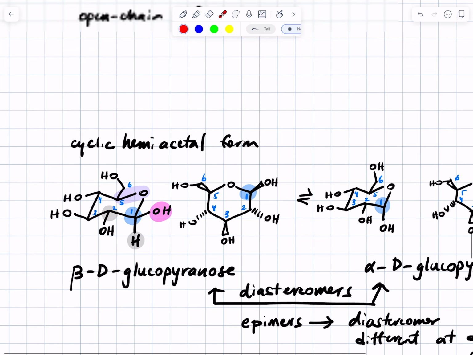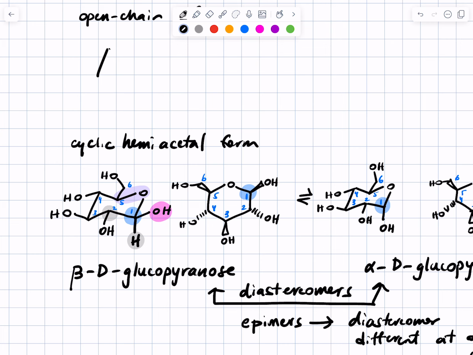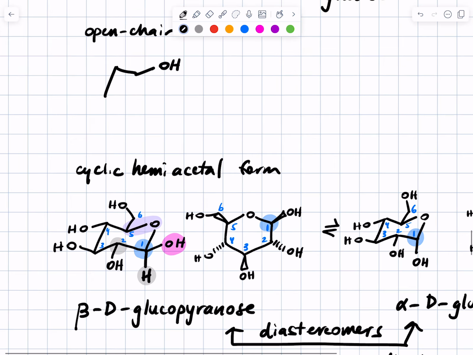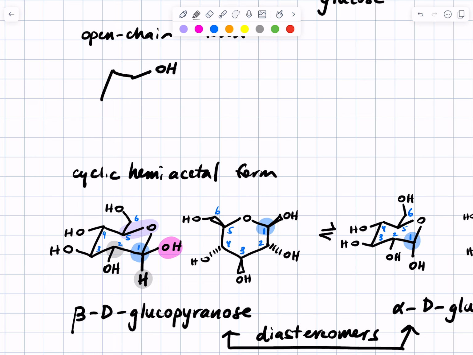And let me show you what it looked like before the alcohol attacked the carbonyl carbon. So what we're going to do is redraw glucose in almost exactly the same way, but the purple oxygen on carbon 5 is going to be an OH group.